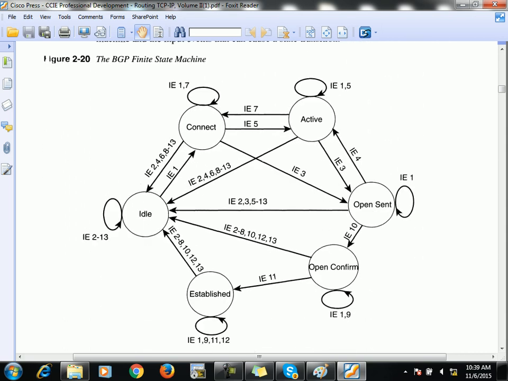This is all about neighborship states. In BGP these are the neighborship states available: idle, connect, active, open sent, open confirm, and established.